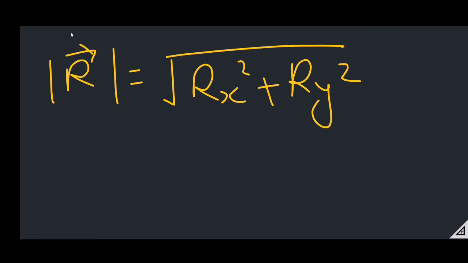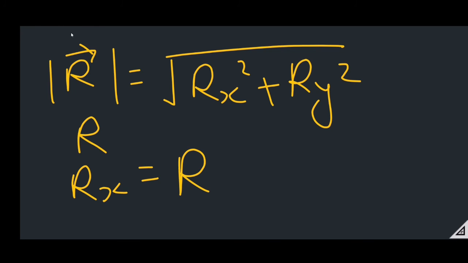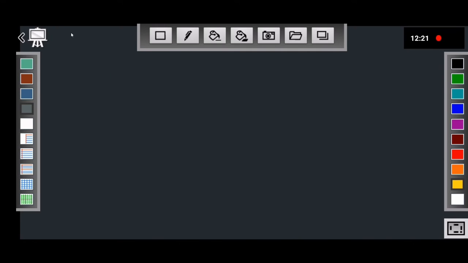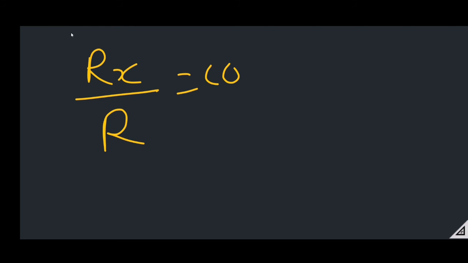Now suppose the magnitude of r vector is simply r. Then you know rx equals r cos theta, which is the formula of the horizontal component. So rx upon r equals cos theta, where theta is the angle made by r vector with the horizontal component.